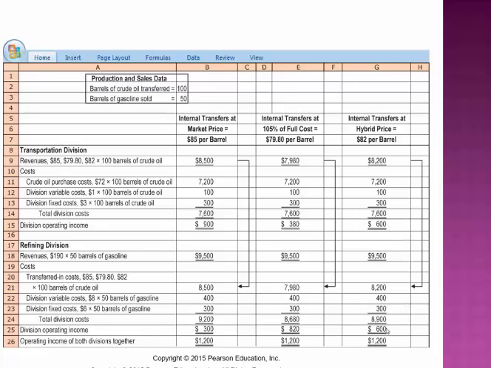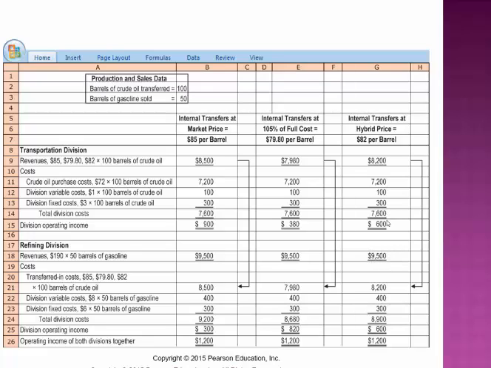So could you guys plot that out? Total division cost $8,900. Add back the $600 in division operating income to give you the revenues of $9,500. Could you back into this and tell me a hybrid price?